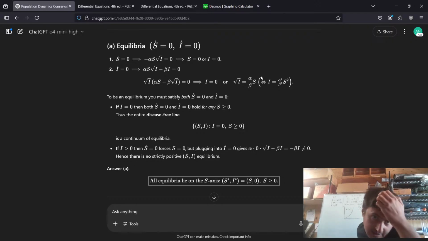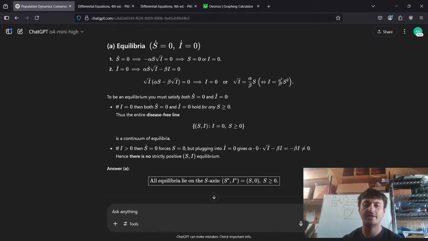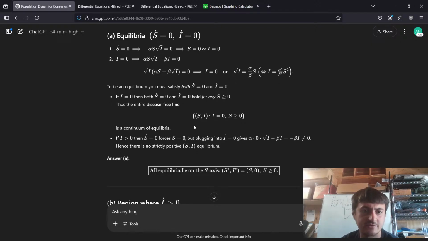Yeah, if I is equal to that, right, I guess I should have noticed that. So if I is 0, no matter what, then this system is at equilibrium.